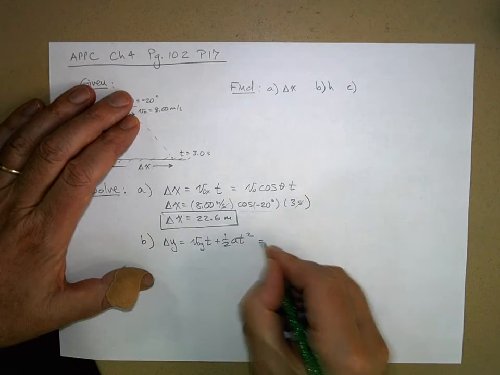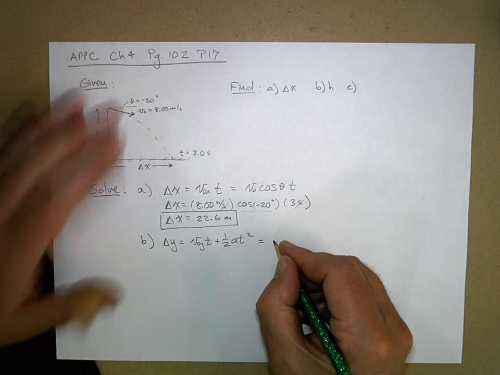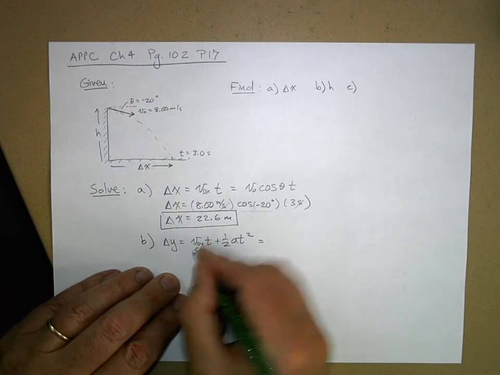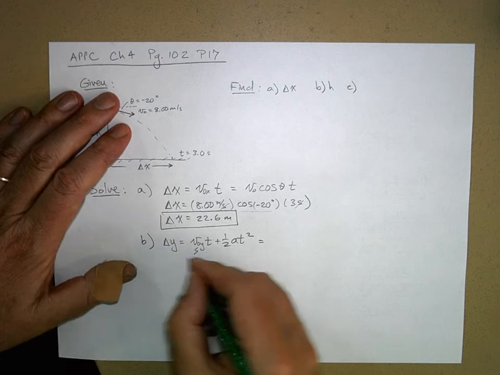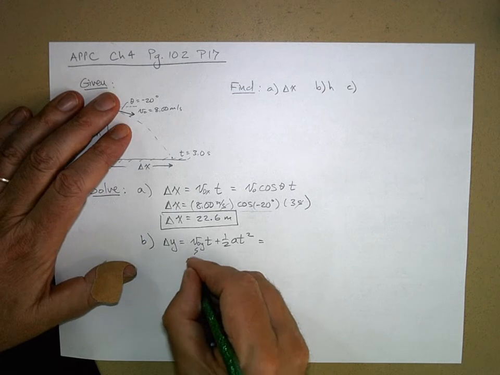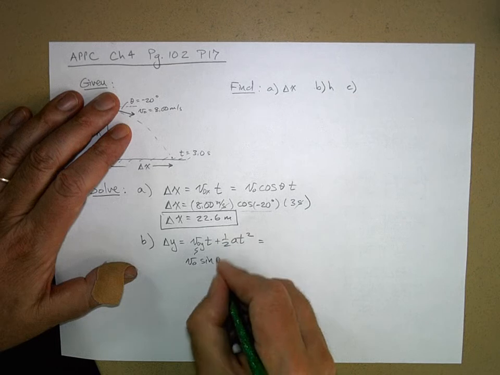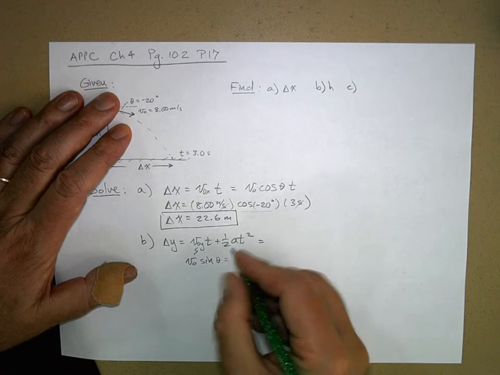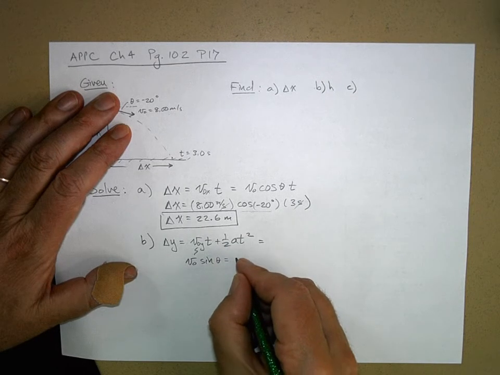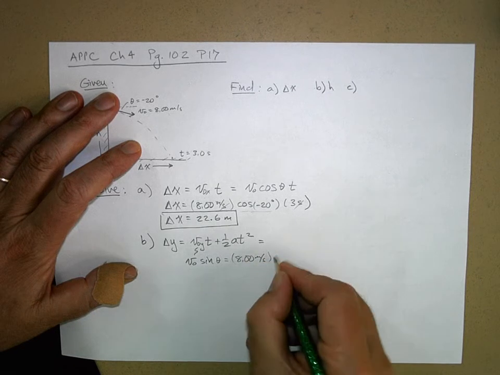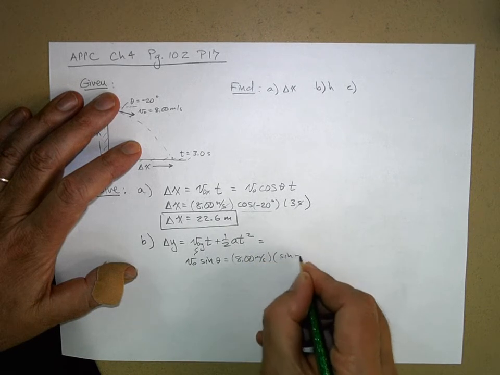And now I can plug in values. The initial velocity in the y direction is v naught times the sine of the launch angle, which is 8 meters per second times the sine of negative 20 degrees.